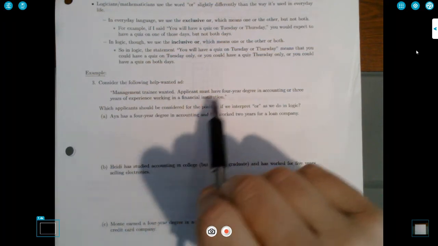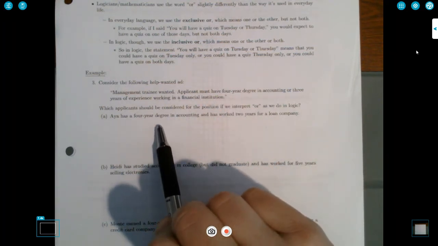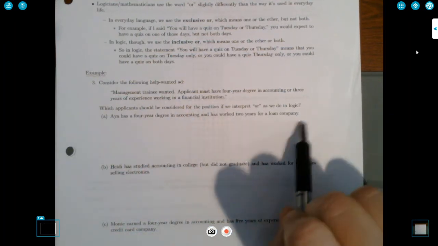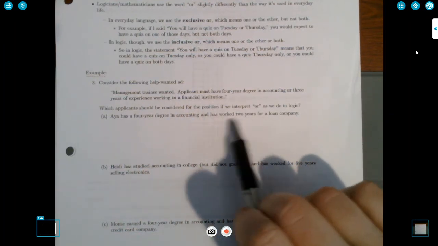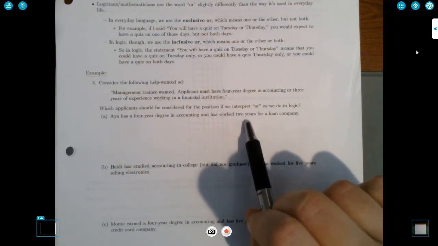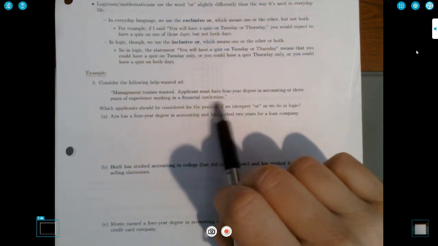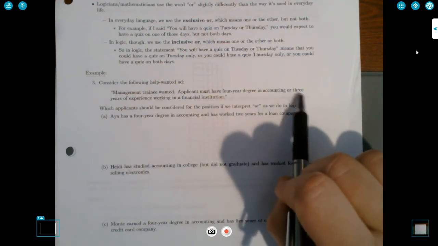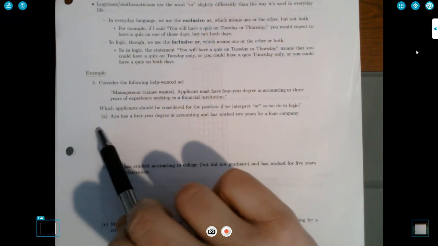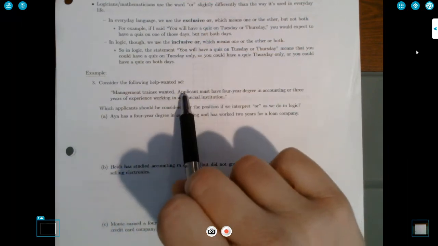Aya has a 4-year degree in accounting. So she qualifies, right? Automatically she qualifies. It doesn't even matter what the rest of her experience is. It says she's worked 2 years for a loan company. Well, so she has 2 years of experience working for a financial institution. She was supposed to have 3, right? But it doesn't matter because she's already qualified because she meets the first criterion, right?